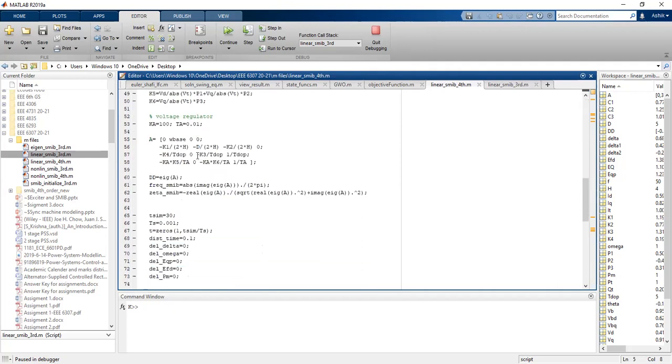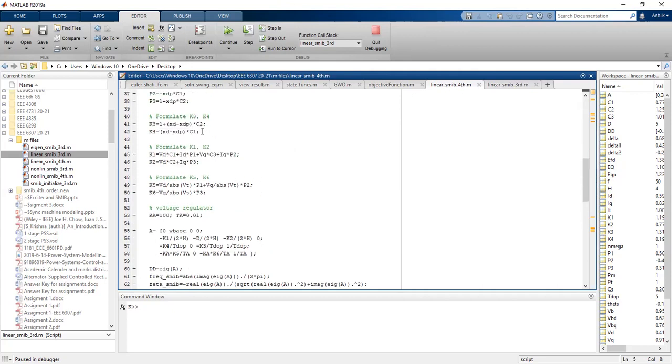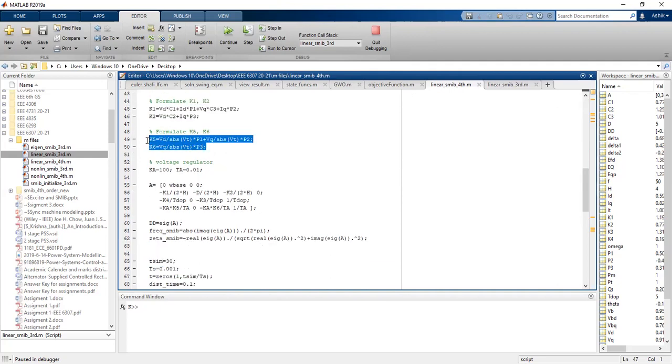Now, in the linear SMIB fourth M file, besides calculating K1, K2, K3, K4 as before, we have incorporated K5 and K6. You can see we derived this formula: VD0 by absolute of VT0 into P1 plus VQ0 divided by absolute of VT0 multiplied by P2.